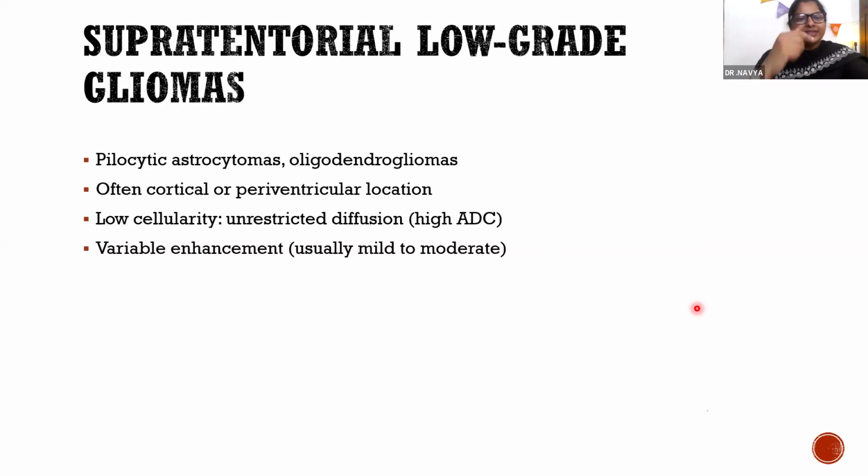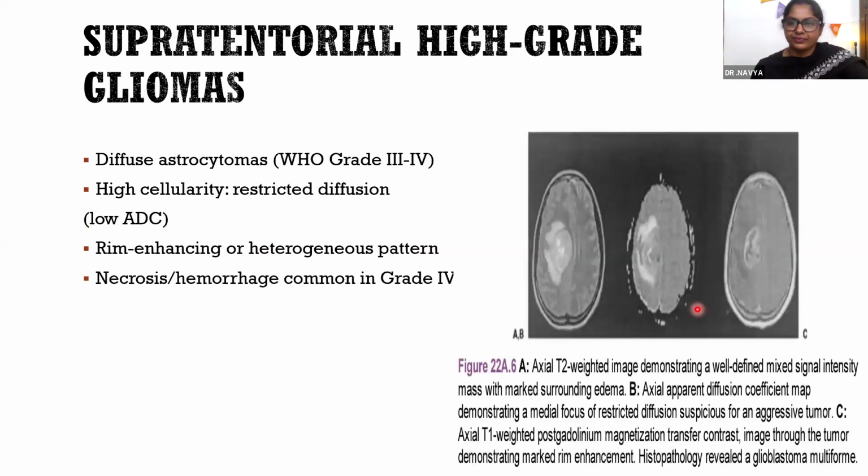So the low grade ones, as I told you, pilocytic astrocytoma is the first in the group, which is more common than the oligodendrogliomas. They're often cortical and just paraventricular. They are low cellular, so that's why the ADC is high, and there is variable enhancement as we discussed.